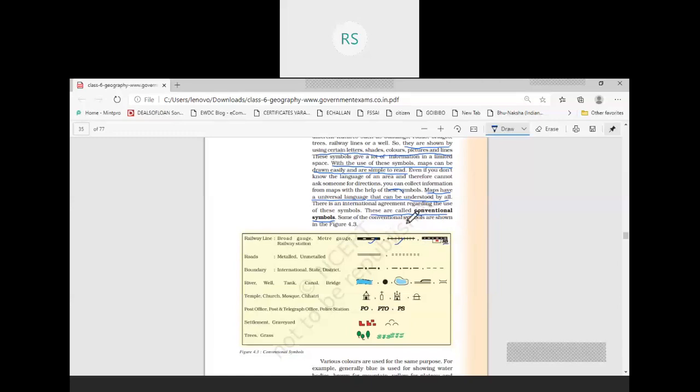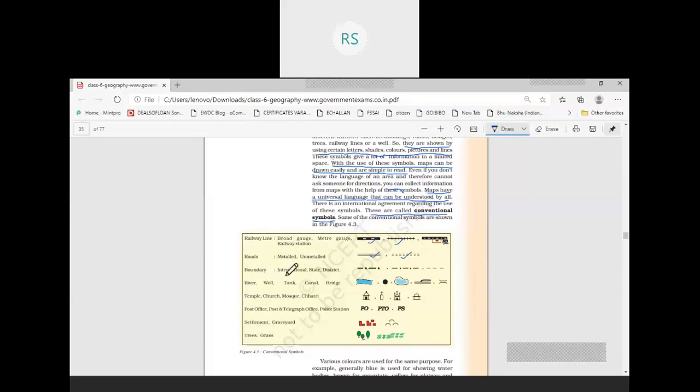Okay, then we can see how roads are shown in a map. Roads are shown by this symbol. This is the symbol of a metal road. Roads are also of two types: this is metal road, and this is unmetal road. Okay, then boundary.